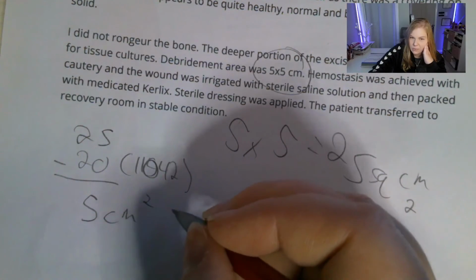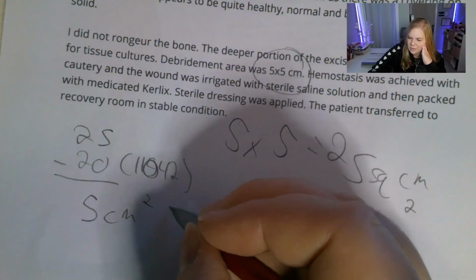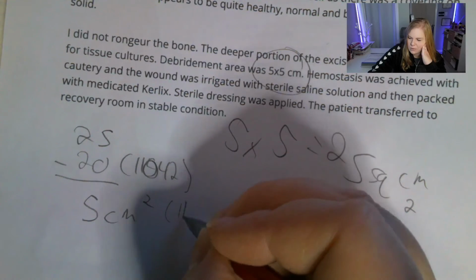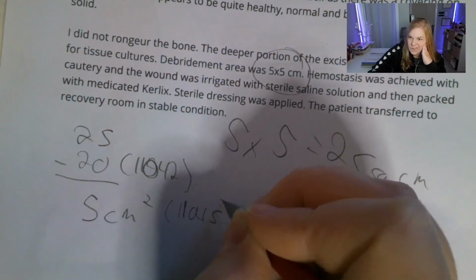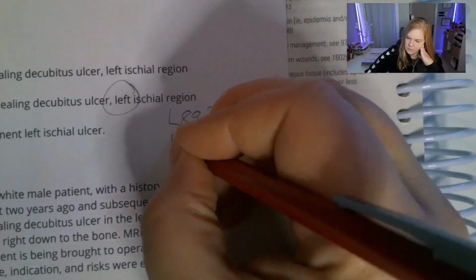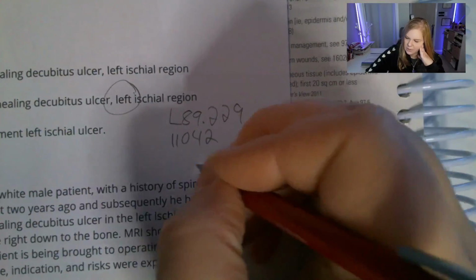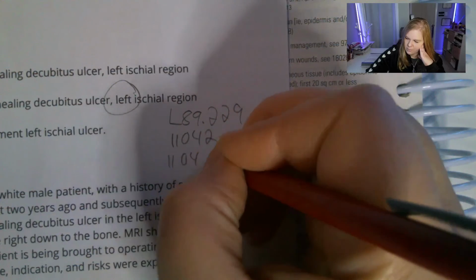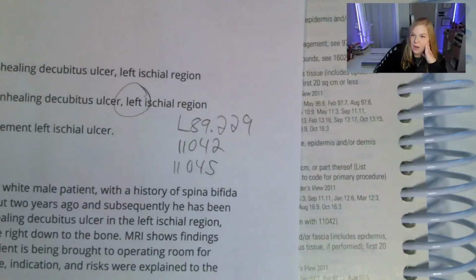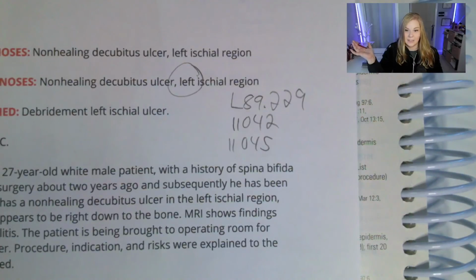No, we have enough for up to one part thereof up to 20. So this is our 11045. So we have 11042 for our first 20, 11045 for that part thereof. And that's it. That's all we're coding for.